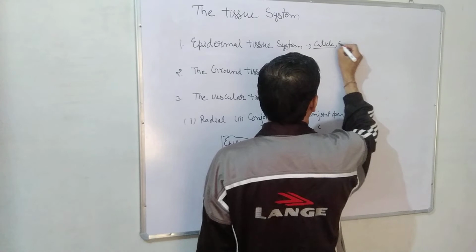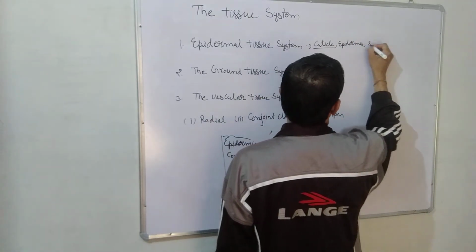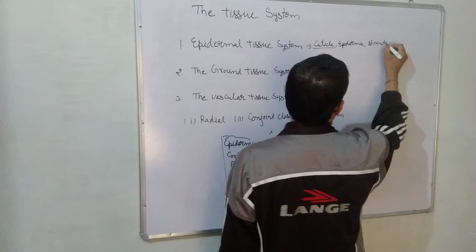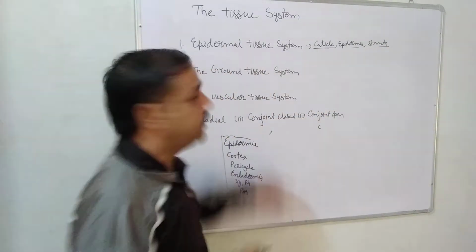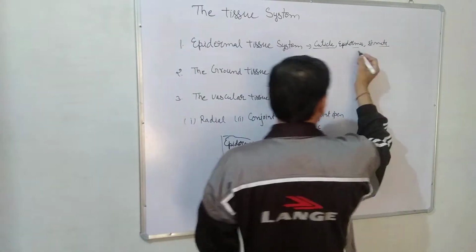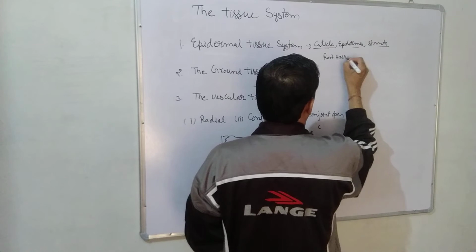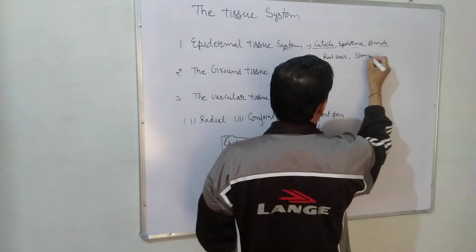Then epidermis and stomata are the main components of the epidermal tissue system. And another thing, in root there is root hair, and in stem there is stem hair.